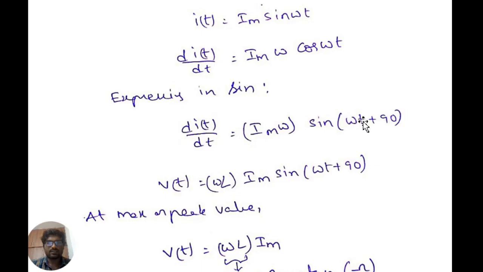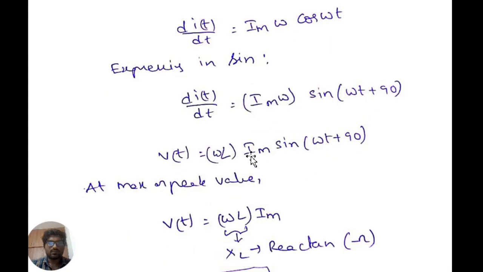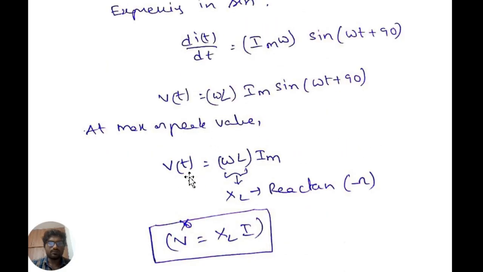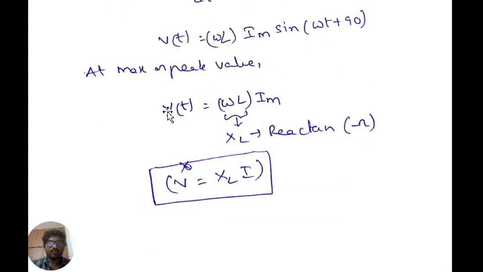As it is a pure inductor, the voltage leads the current by 90 degrees, that is, the current lags by 90 degrees. So V is equal to omega L Im sine omega t plus 90. If we consider the peak value, V is equal to omega L Im. So omega L can be written as XL, that is the reactance. The unit is ohms.